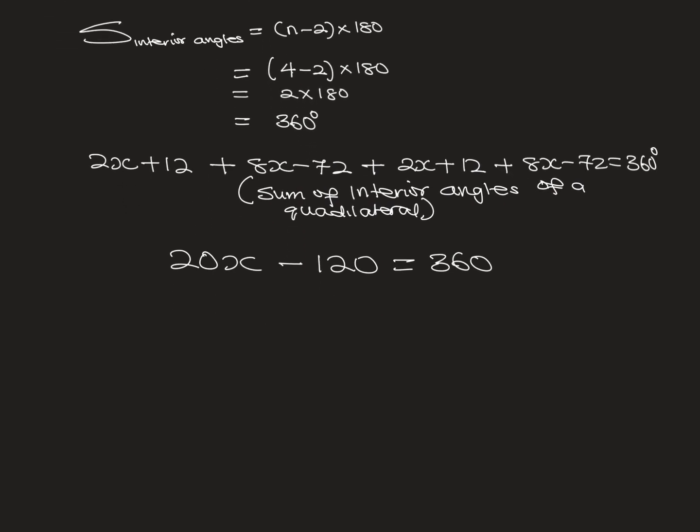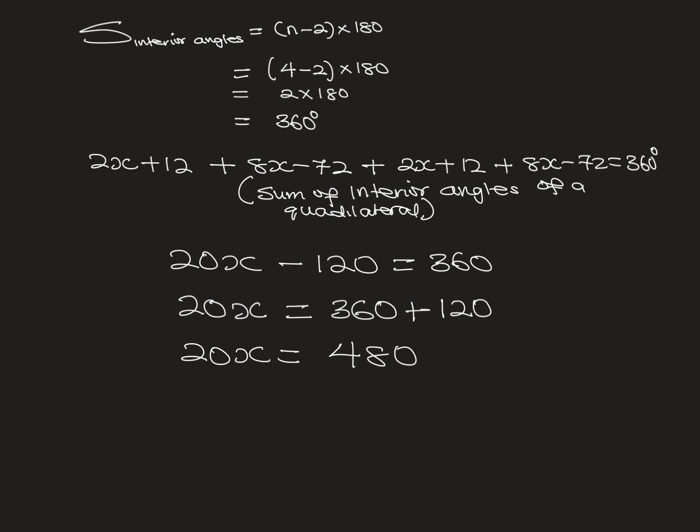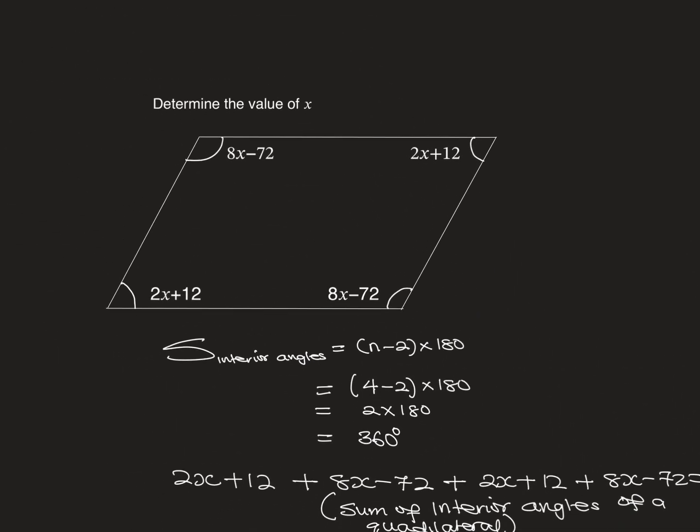So that will give 20x is equal to 360 plus 120, which gives 480. To find x, we divide both sides by 20, and therefore x is equal to 24 degrees. So that is the value of x for this diagram.